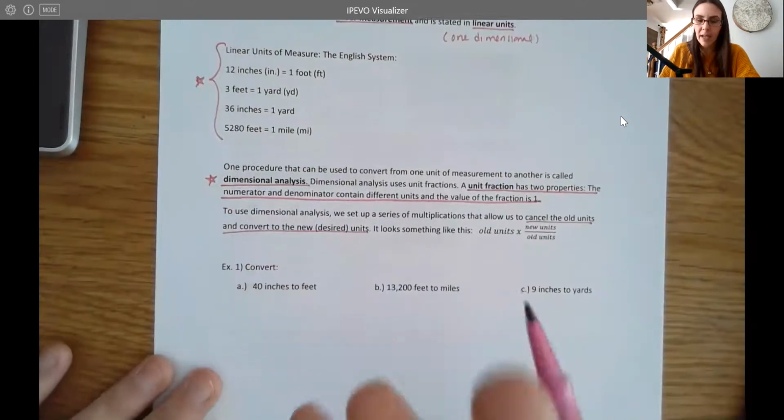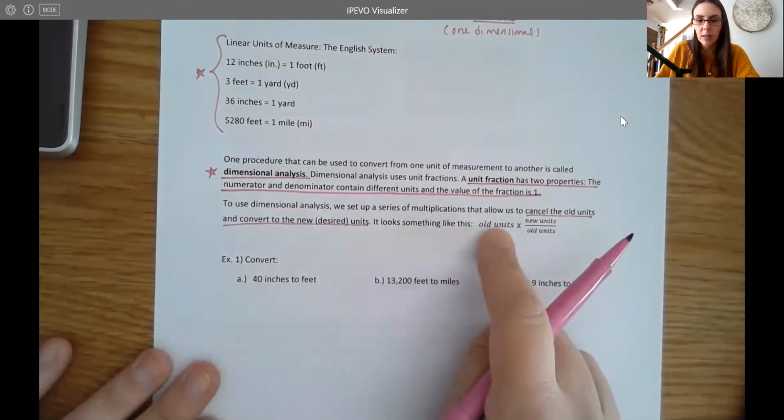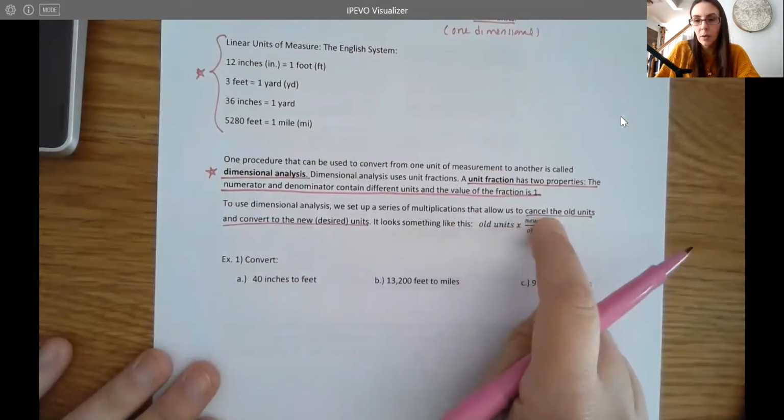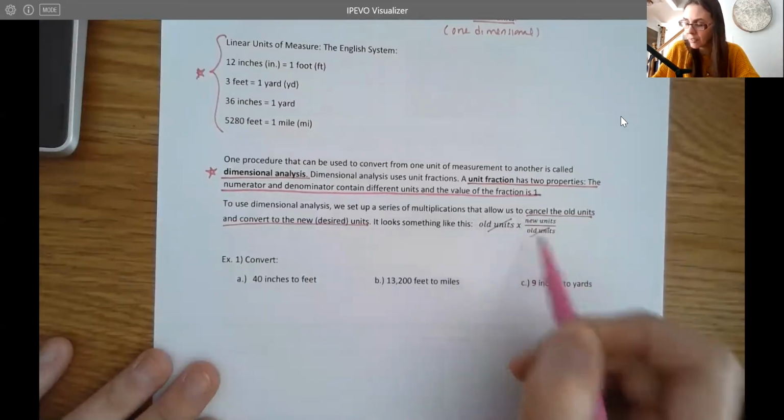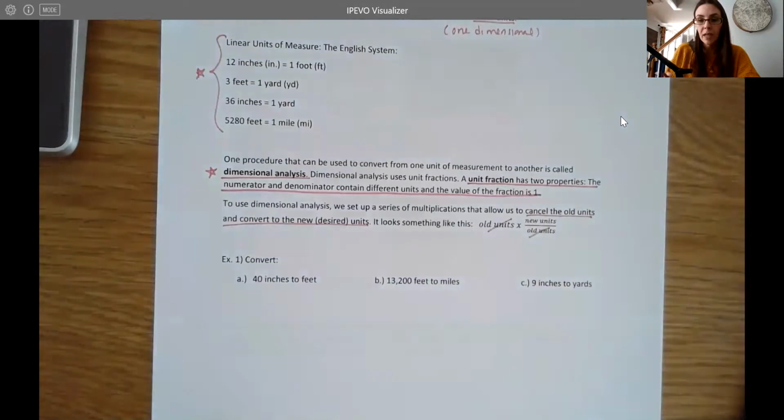Without numbers, it looks something like this: you have your old units, you multiply by the new units and divide by the old units. This allows us to cancel because you have the same thing on top and bottom. You can cancel out units just like you cancel numbers or simplify fractions.